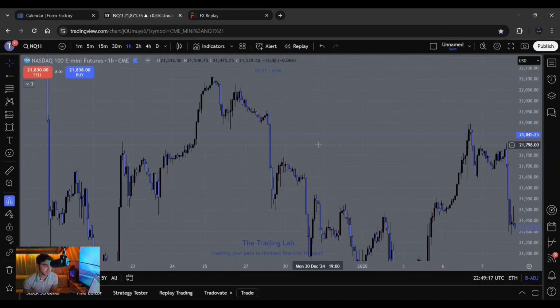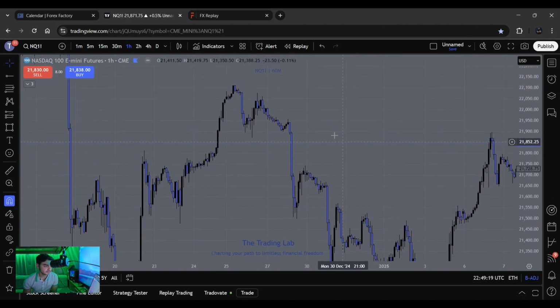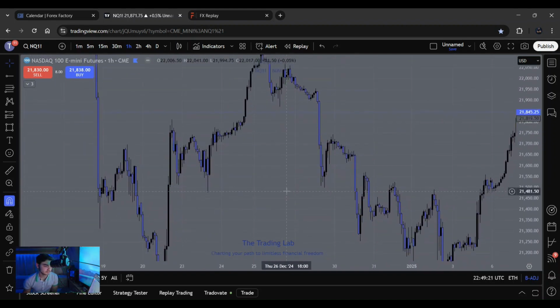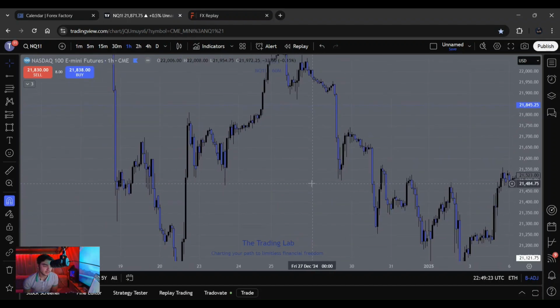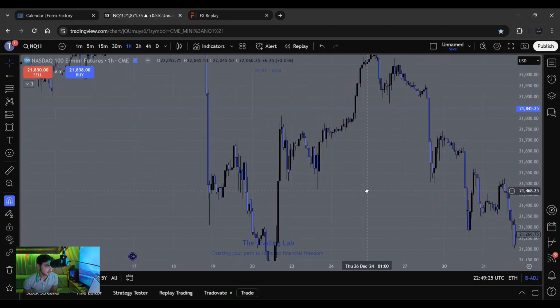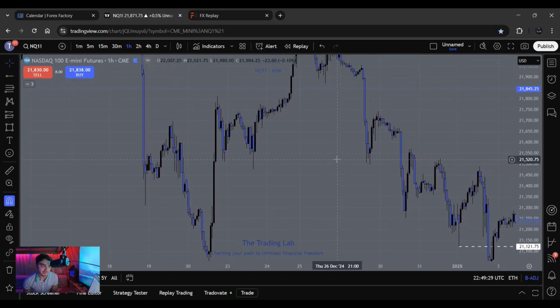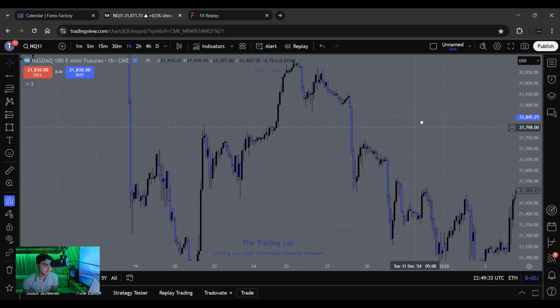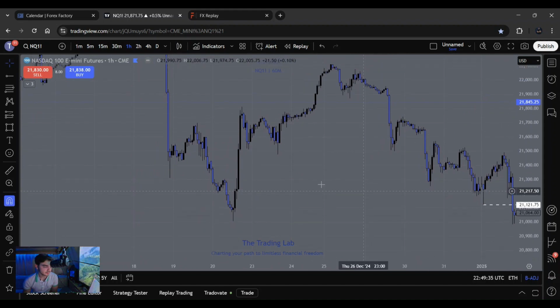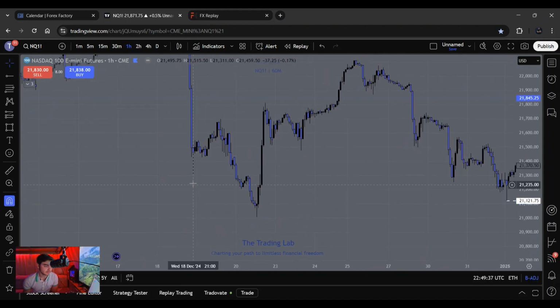Let's see, is there any more? Yeah, there is a few more, but I've actually noticed a really good example of a fair value gap and a low being swept. So what we see here is, well, first off, we see this low being swept.